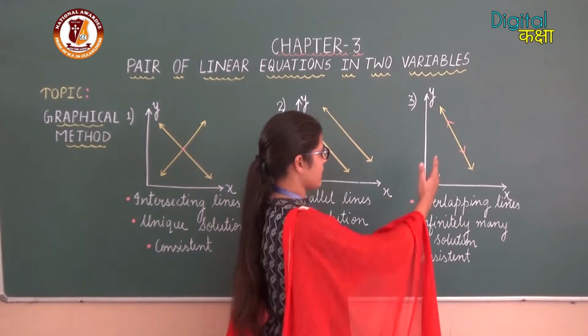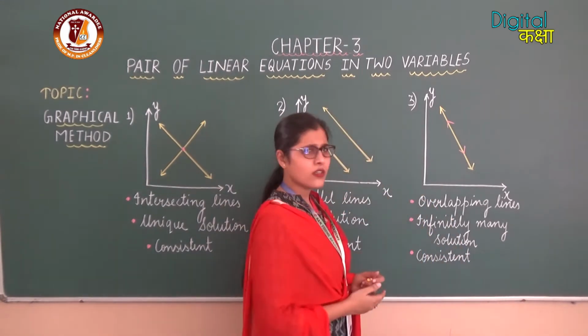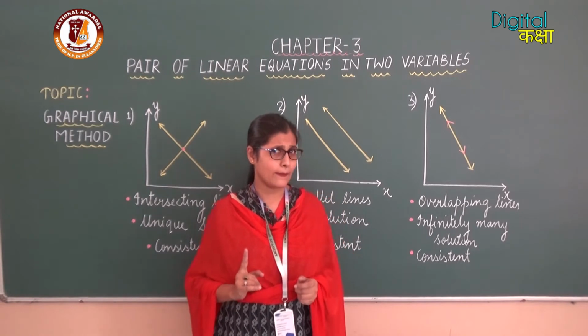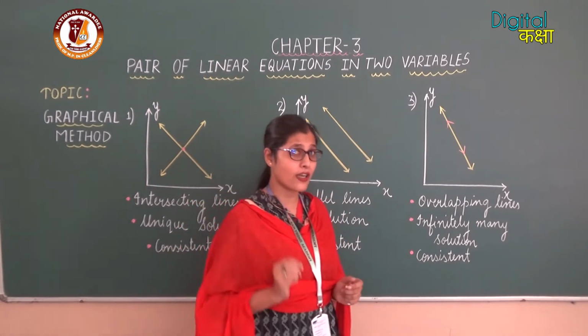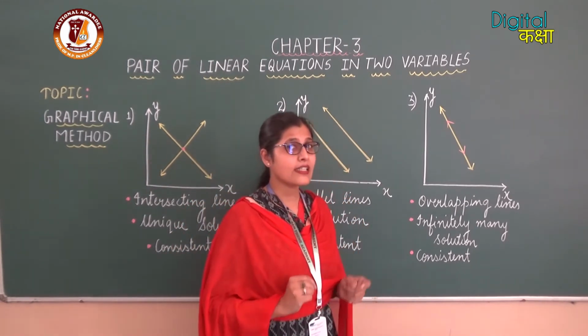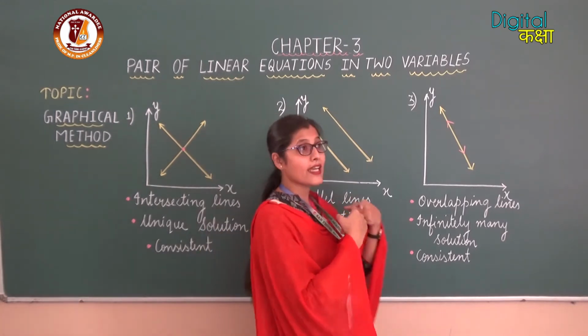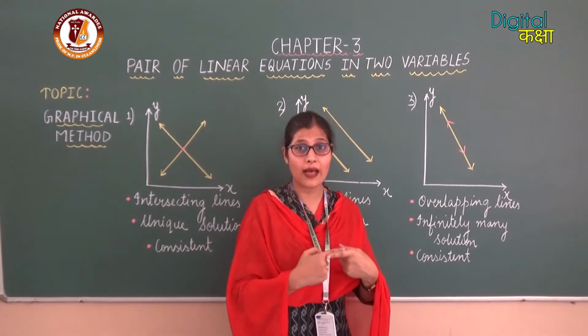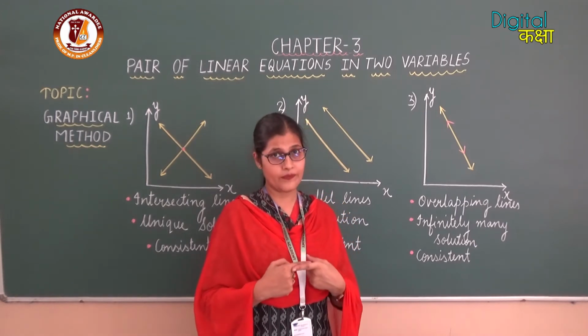Then in the third graph, as you can see, there is only one single line, but there are four arrows represented. That means that the two lines here are overlapping on one another.